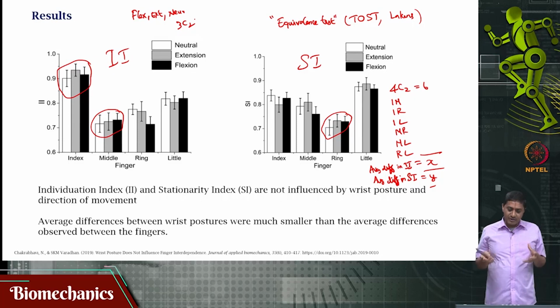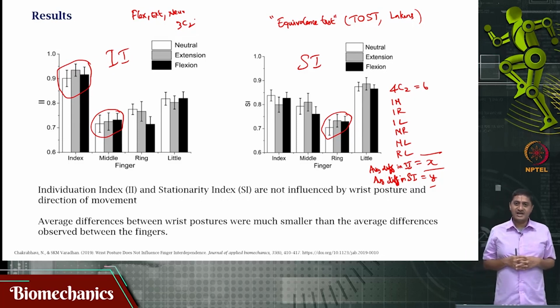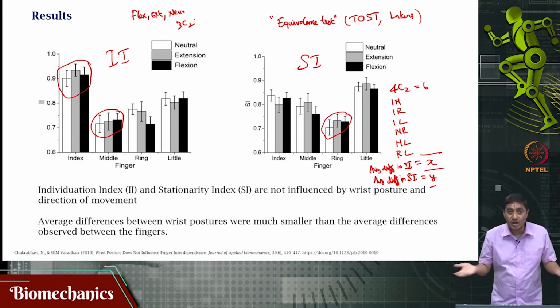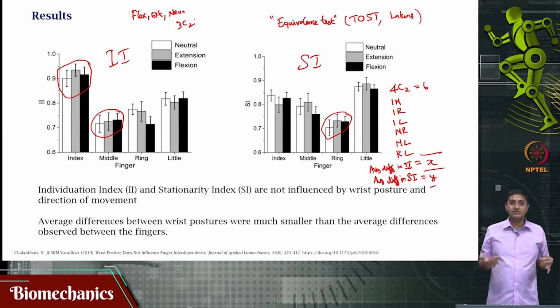And so when we performed this equivalence test, we actually did not find that difference. So the differences between fingers was much greater when compared with the difference in wrist posture. It seems like wrist posture did not matter at all. That is what we found.